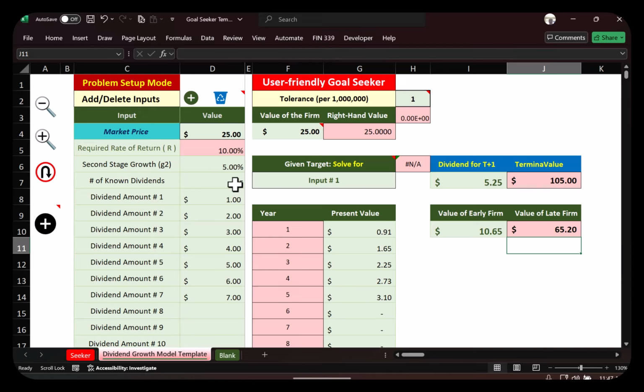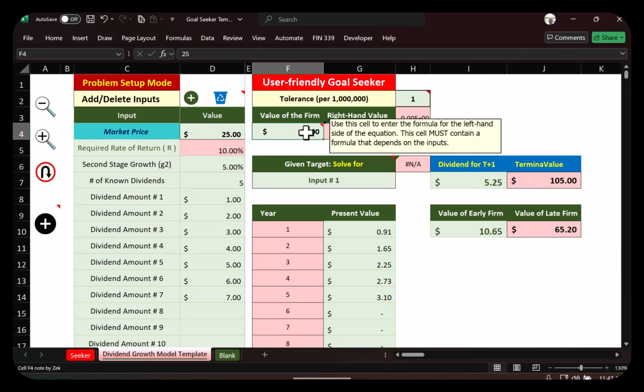So for this hypothetical firm, the value of the early firm is 1065. Value of the late firm is 6520. To figure out the value of the firm, all I have to do is add them up, right? And that's precisely what I'm going to do right here.